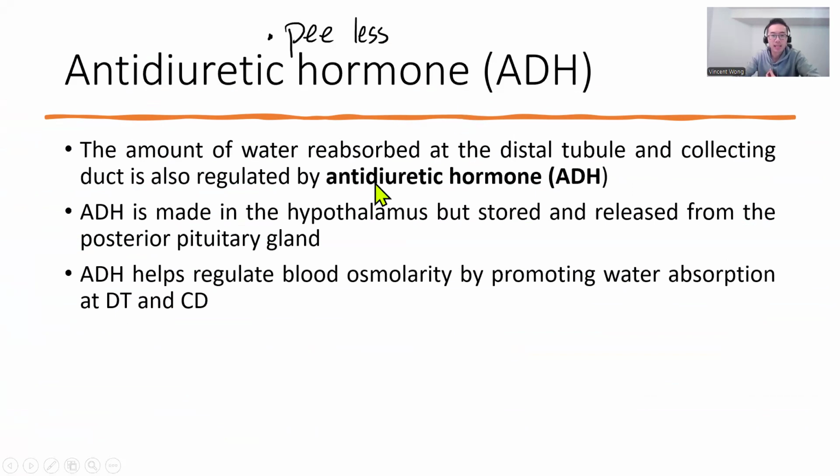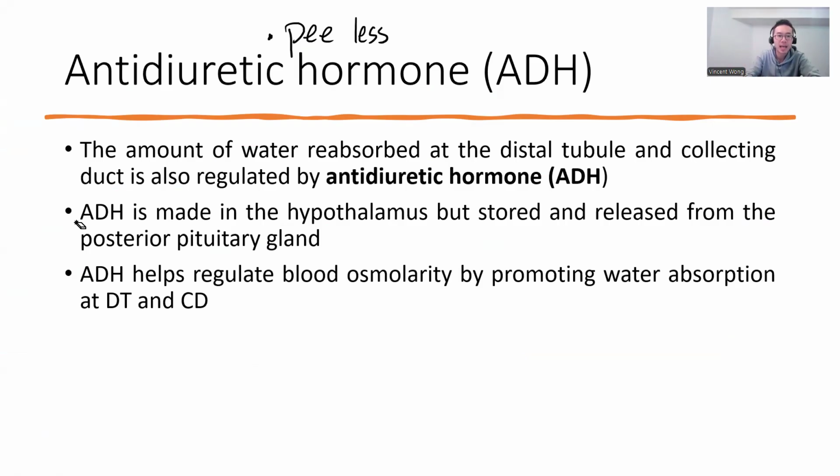Okay, so this is anti-diuretic hormone. The hormone is made in the hypothalamus, but then it's stored and released from the posterior pituitary gland. The pituitary gland, which is the thing that dangles from the hypothalamus, has an anterior portion and a posterior portion.